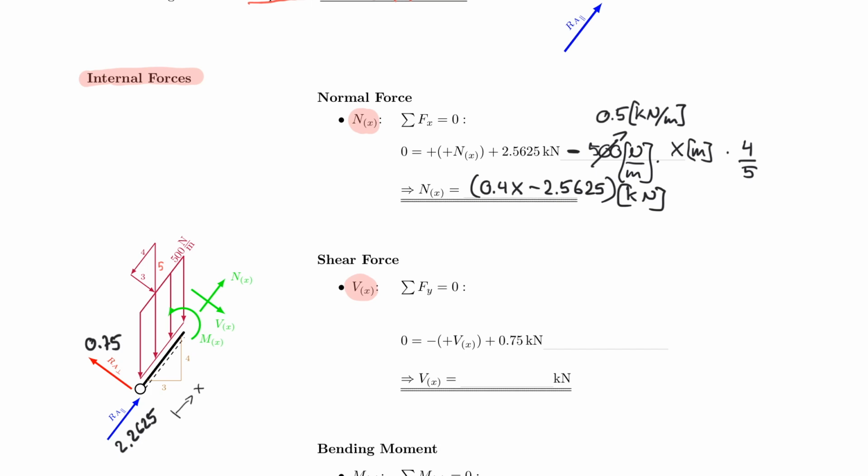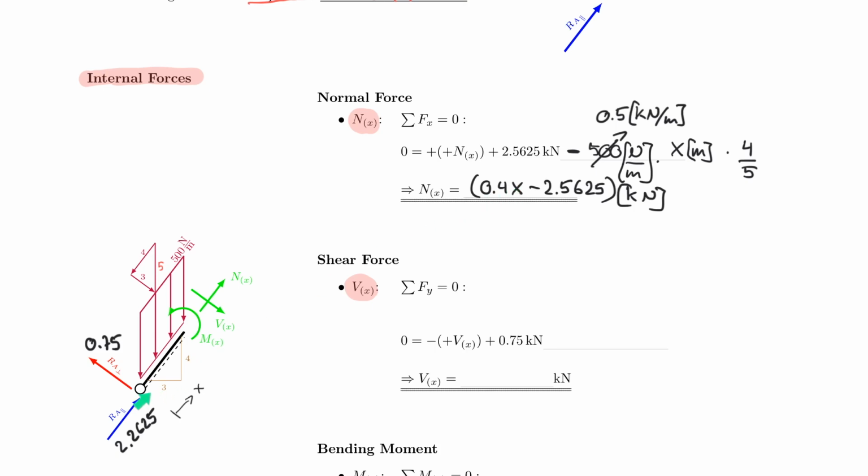Now I created a function for the normal force along the member A to C. Remember that this beam had a length of 5 meters. So the minimum value I can plug in for x here is 0, and the maximum value is 5 meters.